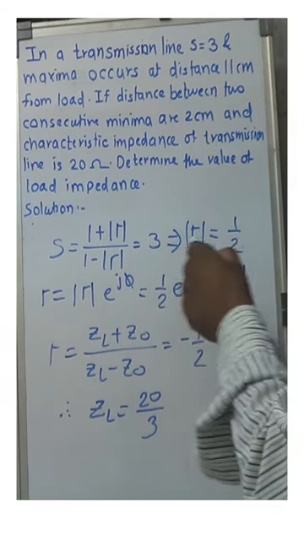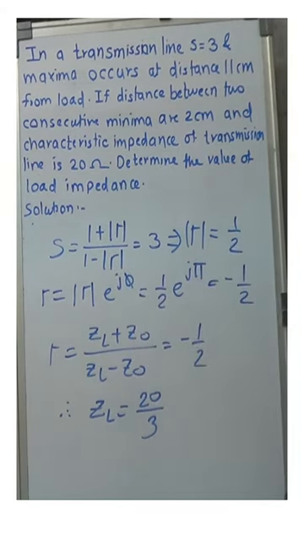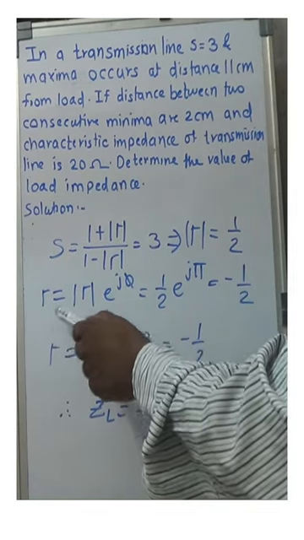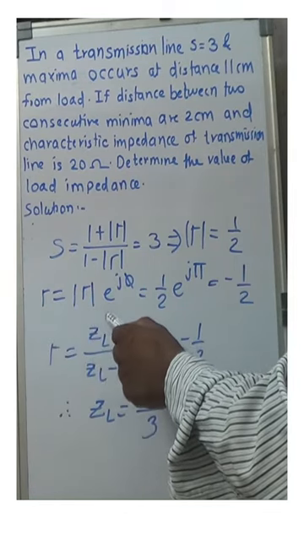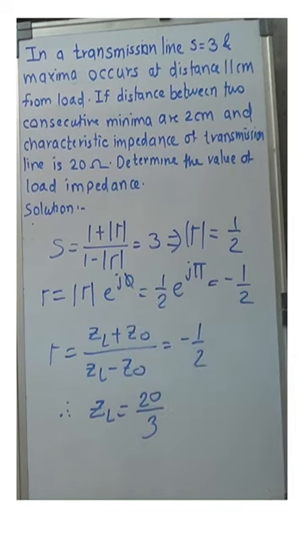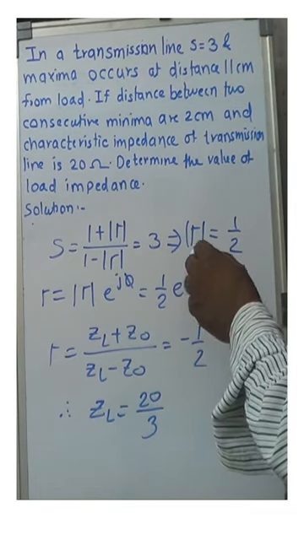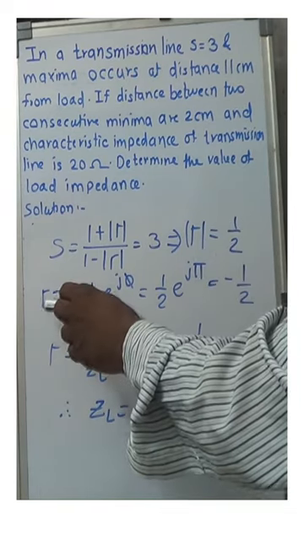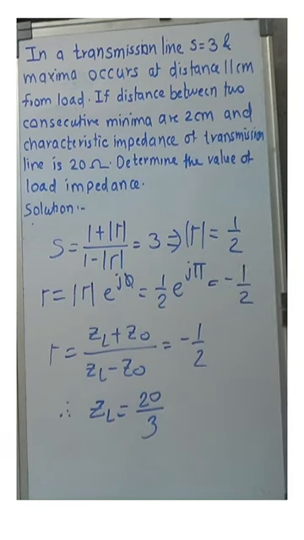From this equation I will get the magnitude of gamma, not the actual gamma. Now the phase we have already calculated, so we write the equation of gamma as mod of gamma into e raised to j phi. Phi is pi, and hence I will get minus half. Always remember mod of gamma is 1 by 2, but the gamma value is minus 1 by 2.